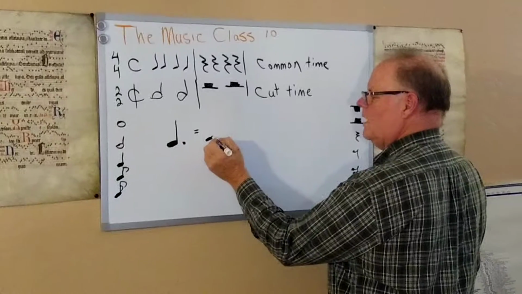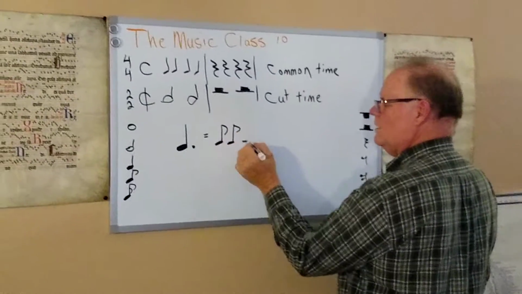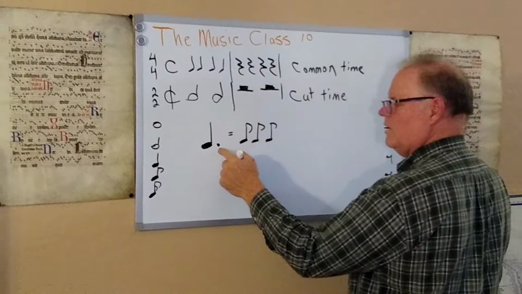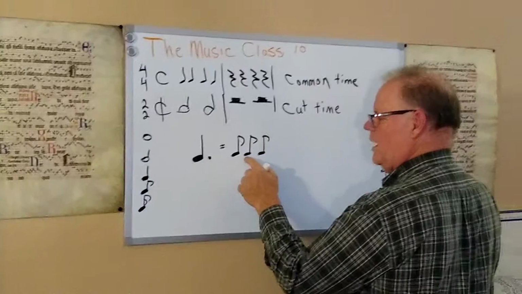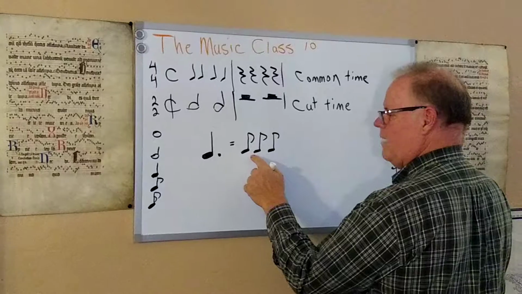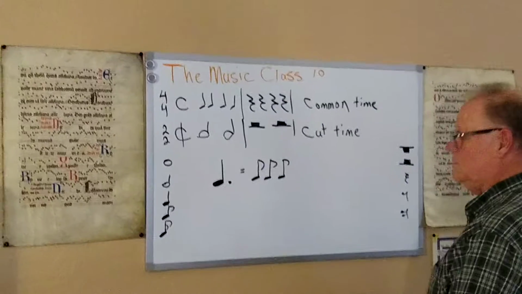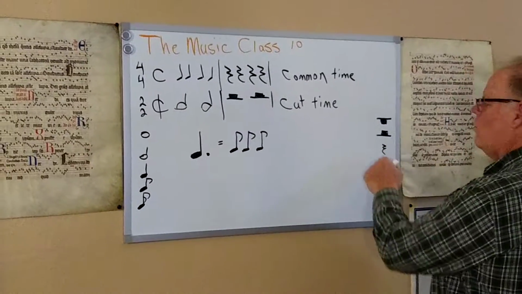So this now becomes worth 3 eighth notes. Where did I get the third one? Because this dot increases the length of this note by half its value. Its value is 2 eighth notes, so I increase it by 1 more eighth note. Seem pretty straightforward?